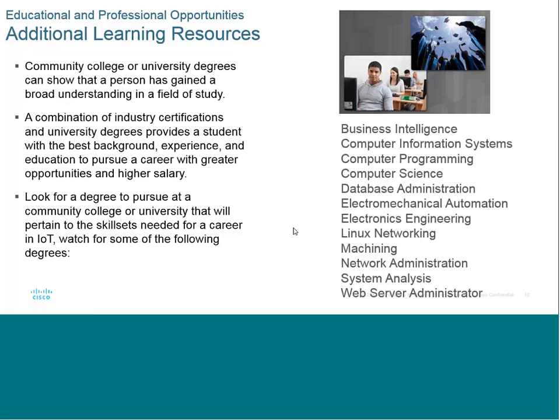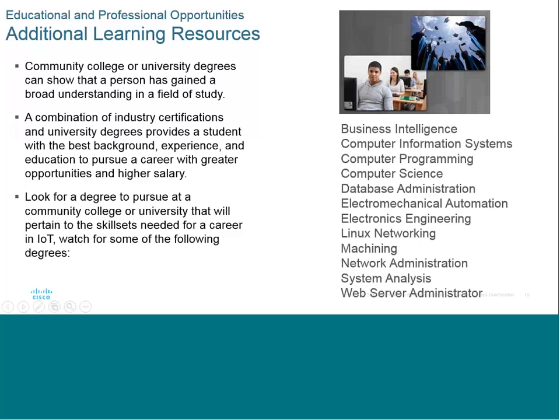If you have a master degree or a graduation degree, and then you have the industry certification, then you can get a very good job in the market, in any field of computer science or network side, with a very good salary. So this was the additional learning resources.